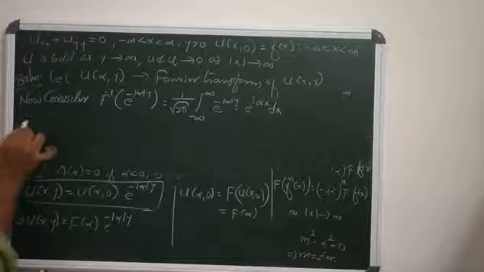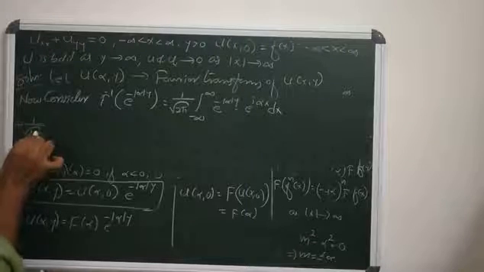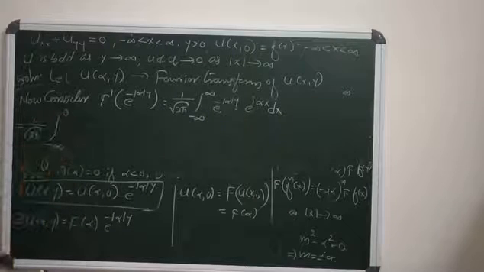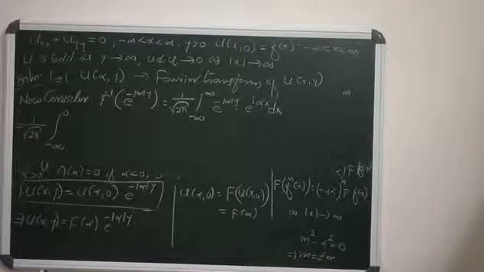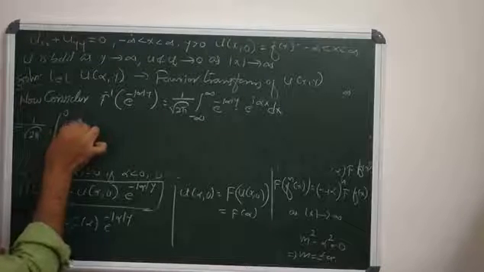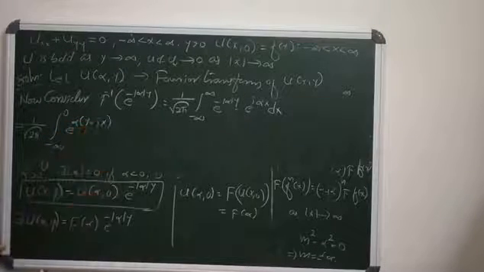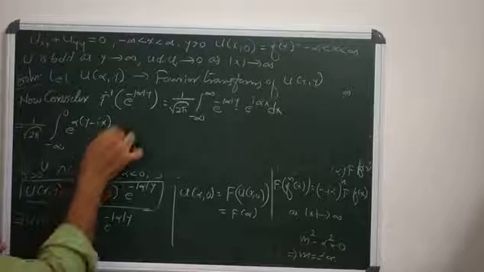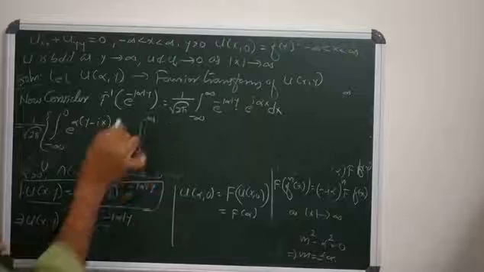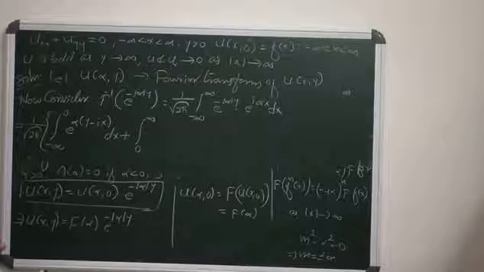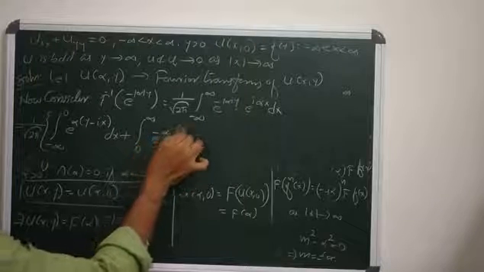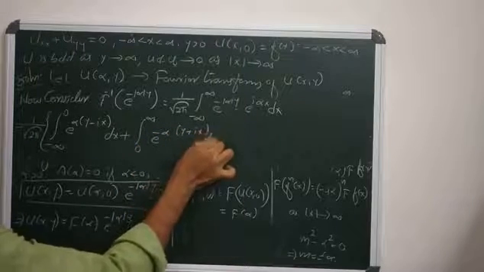That is given as 1 by root 2 pi into the integral, one from minus infinity to 0, when alpha is negative, it is e power alpha into y minus ix dx, plus the integral from 0 to infinity, when alpha is positive, it is e power minus alpha into y plus ix dx.